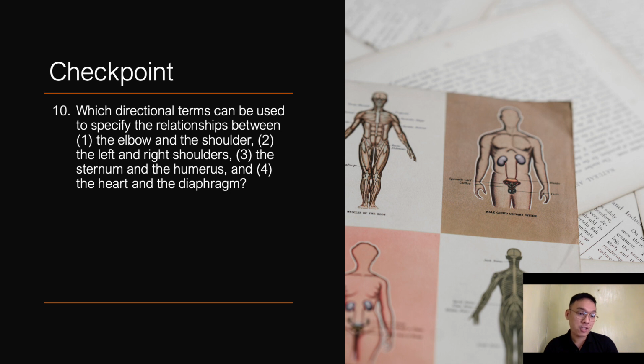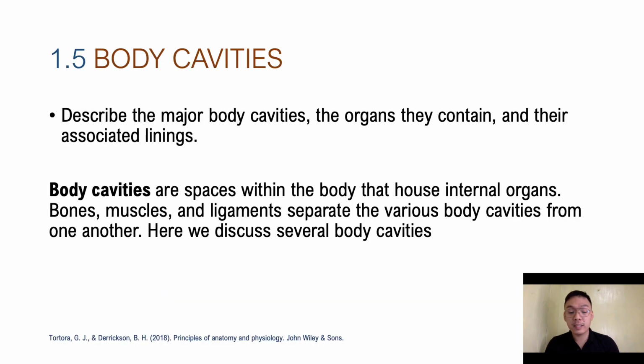Now, a checkpoint question. Which directional terms can be used to specify the relationships between the elbow and the shoulder, the left and right shoulders, the sternum and the humerus, and the heart and the diaphragm? Check that one out. Now we will be looking at the body cavities. What are the body cavities?